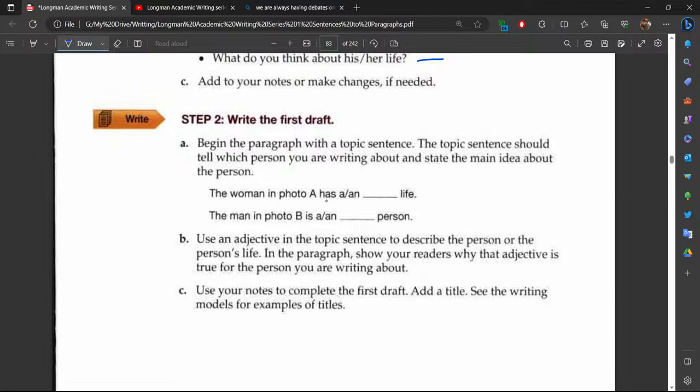The woman in photo A is a [adjective] person. The man in photo B is a [adjective] person. Use an adjective in the topic sentence to describe the person or the person's life.